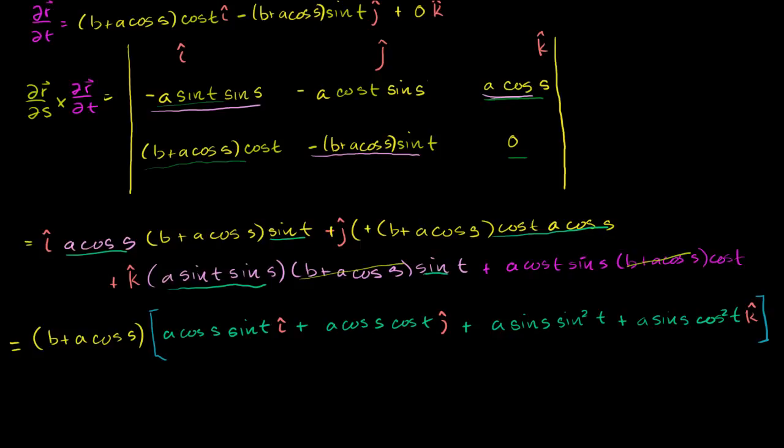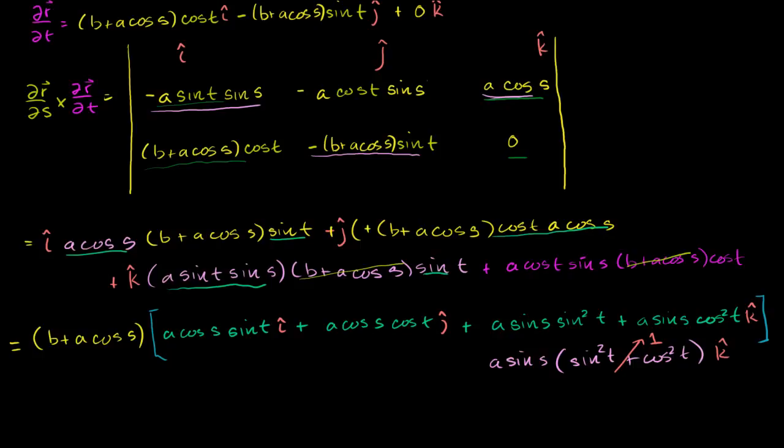This term can be rewritten as a sine of s, factoring that out, times sine squared of t plus cosine squared of t, times our unit vector k. This is our most fundamental trig identity from the unit circle. This is equal to 1. So this last term simplifies to a sine of s times k.